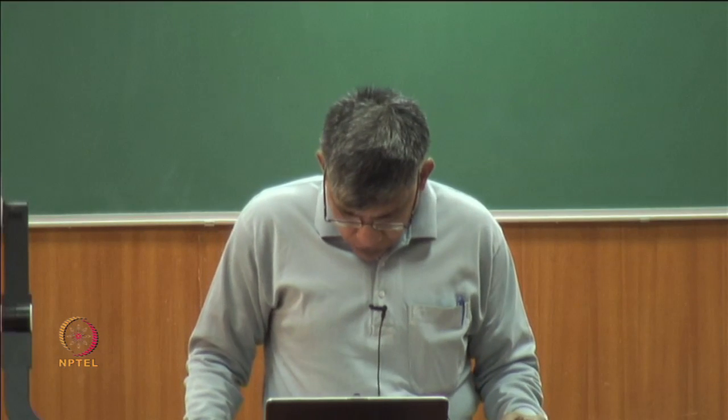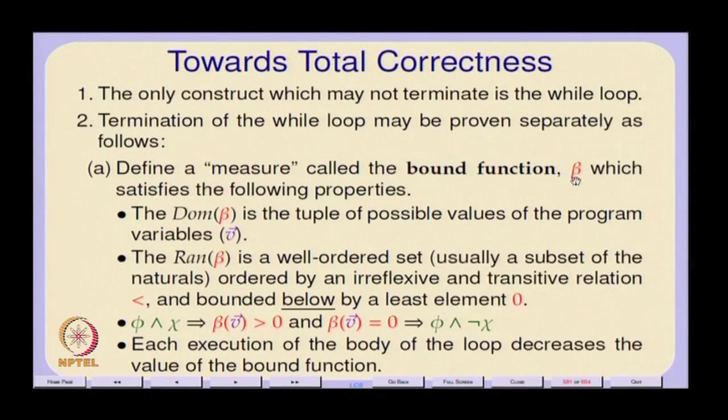Okay. What this bound function needs to guarantee, what is the relationship it has with the program variables? One is that when this invariant property and the condition are both true, then this bound function should evaluate to something other than the bottom element of your well ordered set.